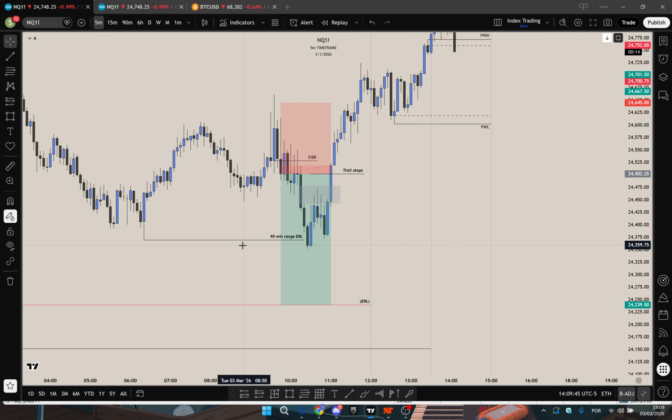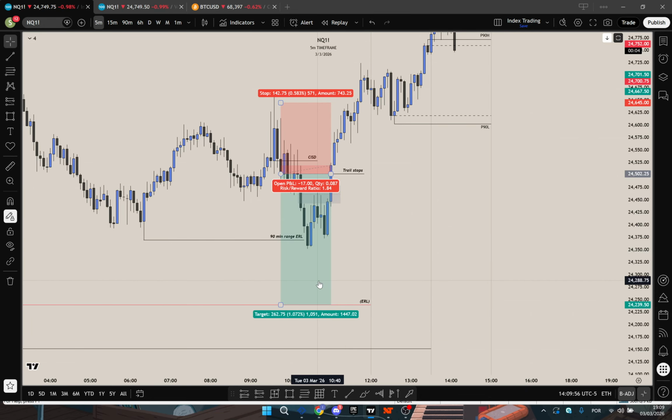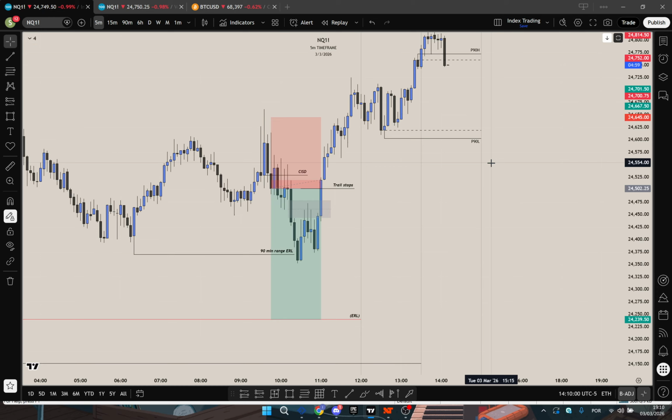But due to the market conditions and evaluating price and being objective, I saw it fine to bring stops to break even, as I didn't want to see price reverse on me like this. And I think this was a really good day. Even though it wasn't a winning day, I think it was a winning day in terms of habits and good performance. So that's all you can hope for.